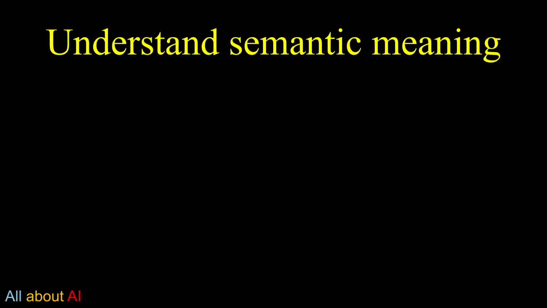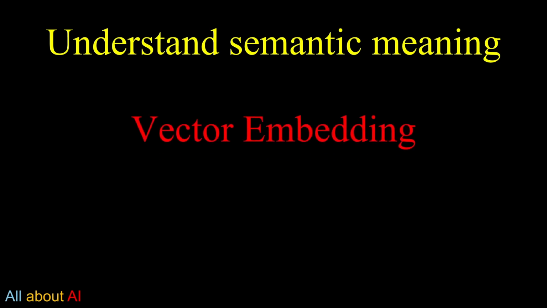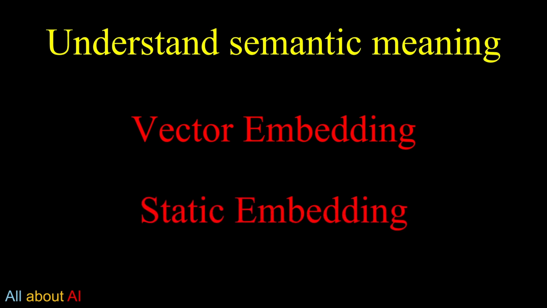Embedding maps these words or larger pieces of text into a mathematical space where similar meanings are placed closer together. For example, cat and dog might be near each other because they are both animals, while cat and toy would be further apart. These vectors are static because once trained, they don't change, even if the word appears in a different context.